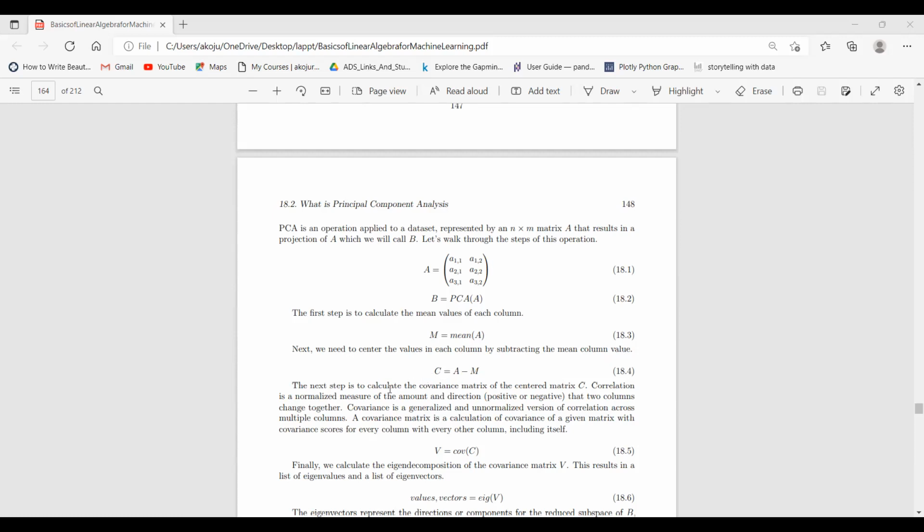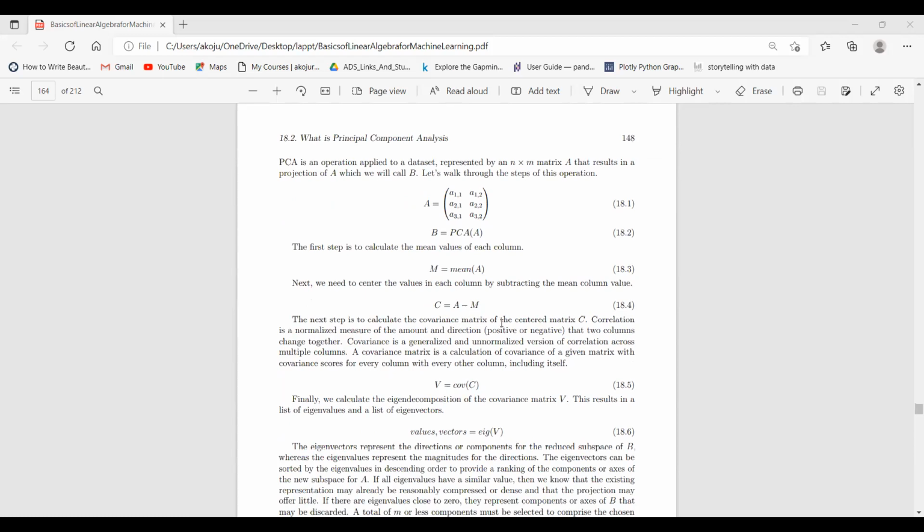The next step is to calculate the covariance matrix of the centered matrix C. So we first find C, which is A minus the mean. This is A, and M is the mean matrix of all these points. We calculate the mean matrix, and if we subtract it from A, we get the C matrix, that is, the centered matrix.